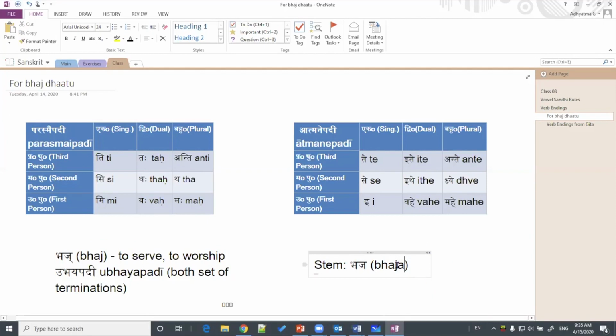When it does not, there are certain complications in making the endings. The good news is that there are a good number of verbs, more than half of the 2000 in Dhatu Kosha, where the stem ends in akara. So if you know the stem, you can pretty much derive both of these forms, Parasmaipadi and Atmanepadi, very easily.